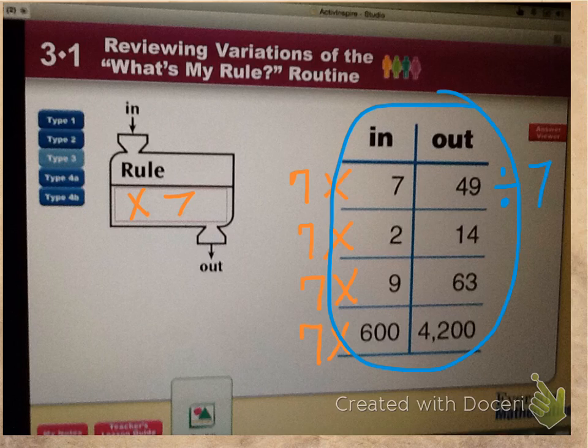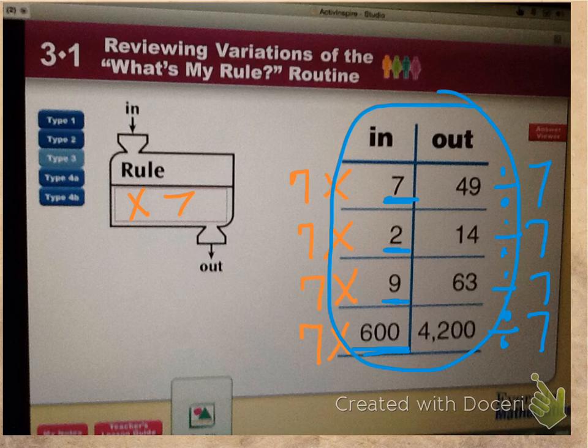So we could double check it that way, just to make sure, and it does equal the right amount. So if we did 7 divided by 7, we get 7. If we do 14 divided by 7, we get 2. If we did 63 divided by 7, we get 9. And if we did 4,200 divided by 7, we would get 600.